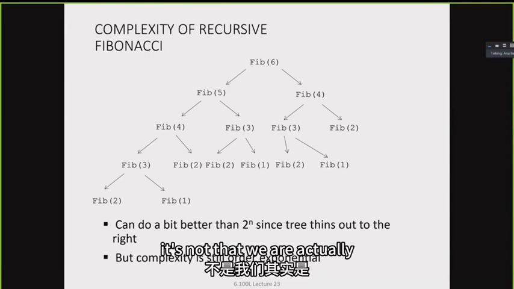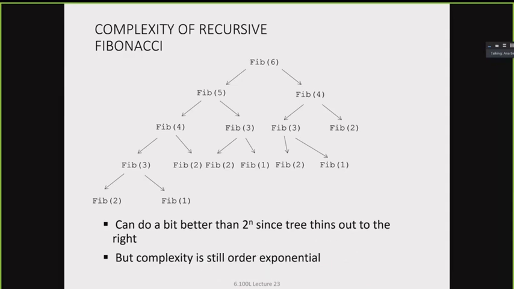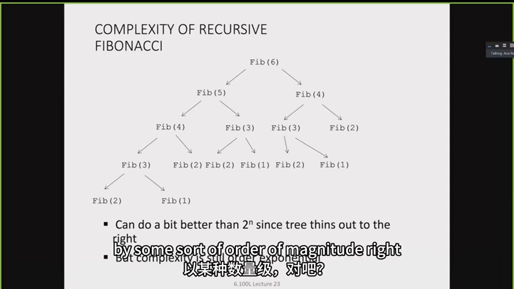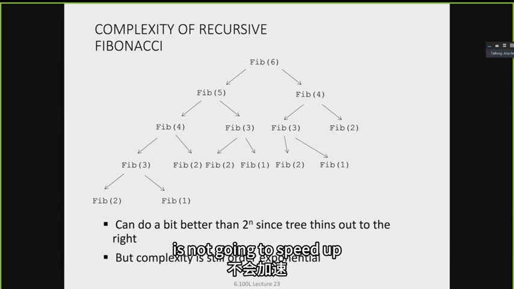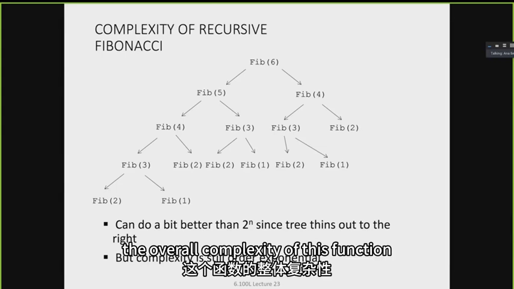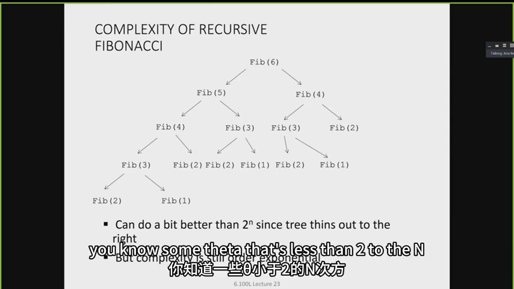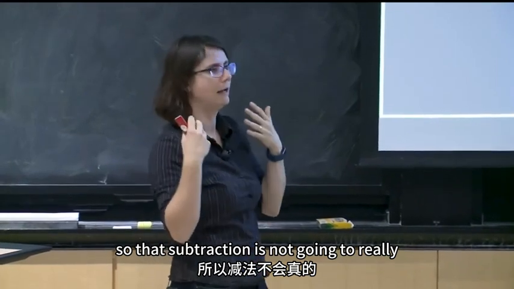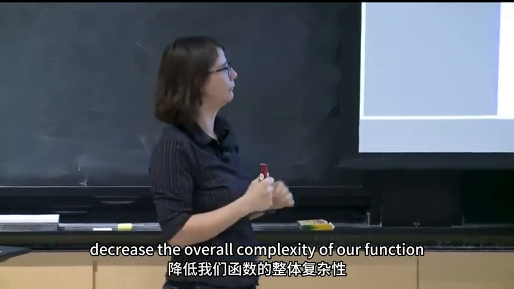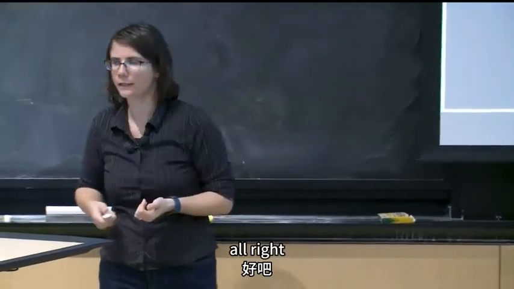It's not that we are actually going to speed up anything by some sort of order of magnitude, right? Just because the tree thins out a little bit on the right-hand side is not going to speed up the overall complexity of this function. It's going to be theta of 2 to the n minus some theta that's less than 2 to the n. So that subtraction is not going to really decrease the overall complexity of our function, so the order of this is still exponential.